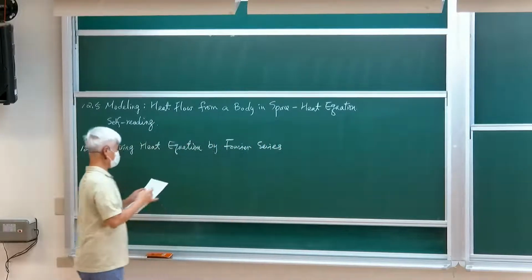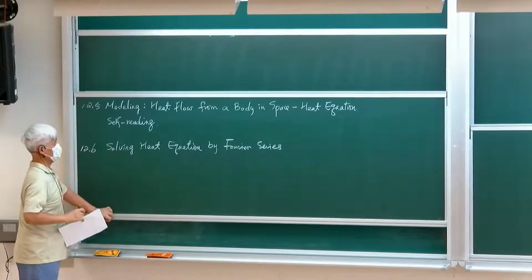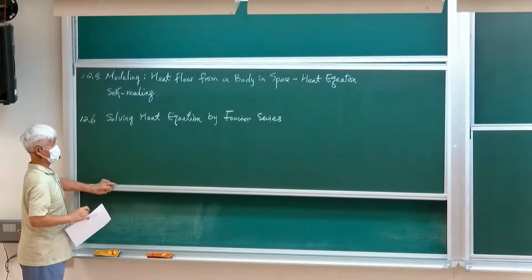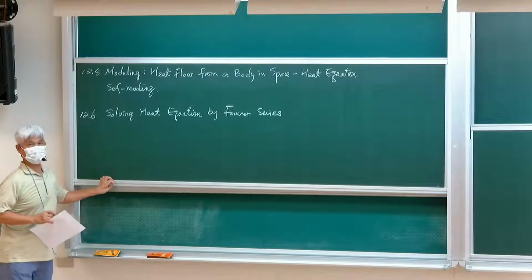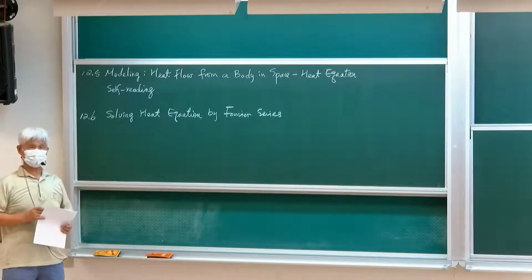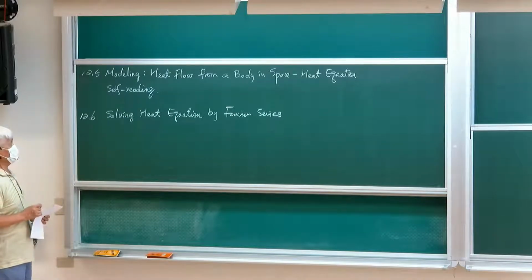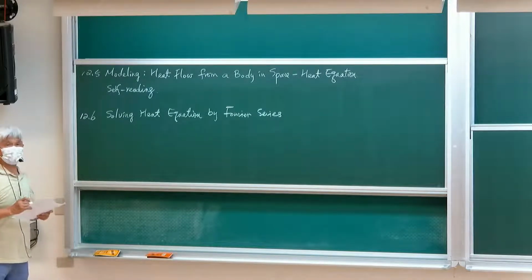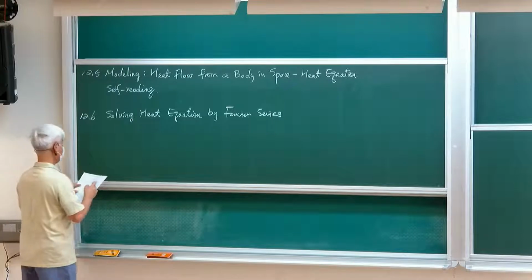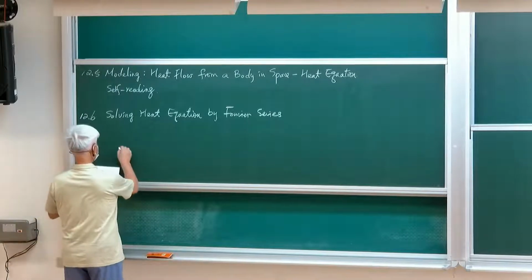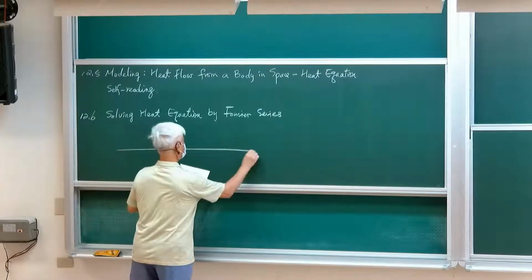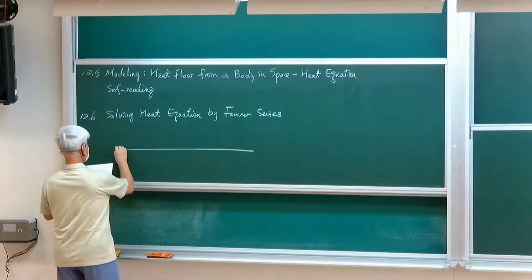Okay, so we'll solve the heat equation by Fourier series. The approach is quite similar to the approach in section 12.3 to solve the wave equation before. Okay, so let's see the basic assumption.